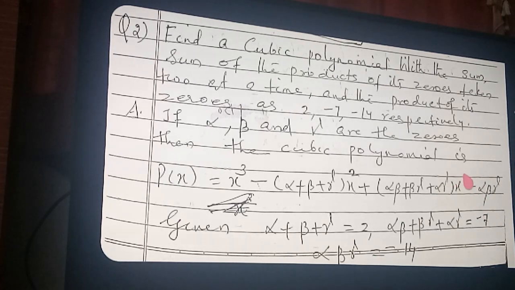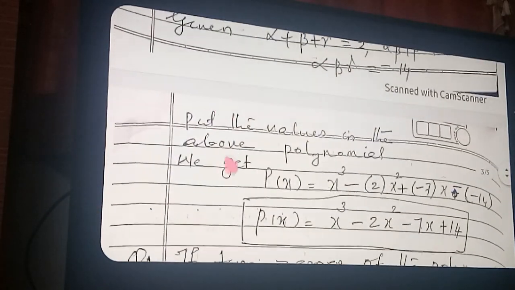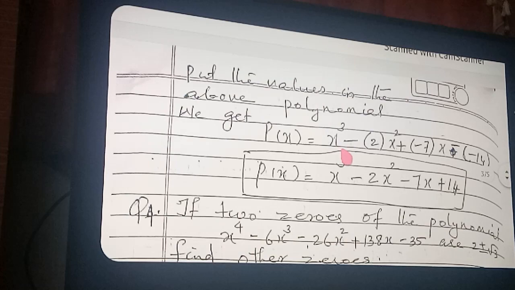This is the polynomial I gave for the cubic polynomial. Okay. So alpha plus beta plus gamma how much is given? 2. Alpha beta plus beta gamma plus alpha gamma is equal to minus 7. Alpha beta gamma how much is given? Minus 14.